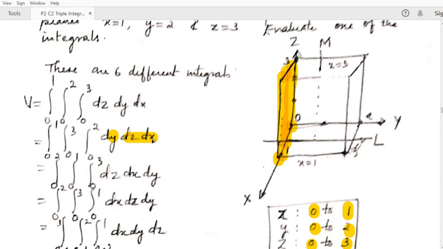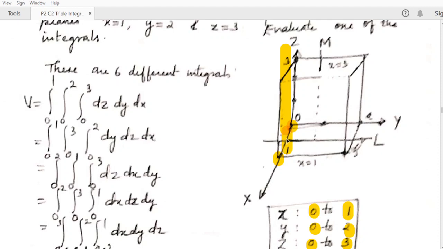Now in z and x also, we see that first we have to find the limit of z. So to find the limit of z, we have to consider our shadow, and in this particular shadow on the zx plane, we have to consider a line that is parallel to the z-axis, and we have to see the points at which the line enters the region and exits the region.